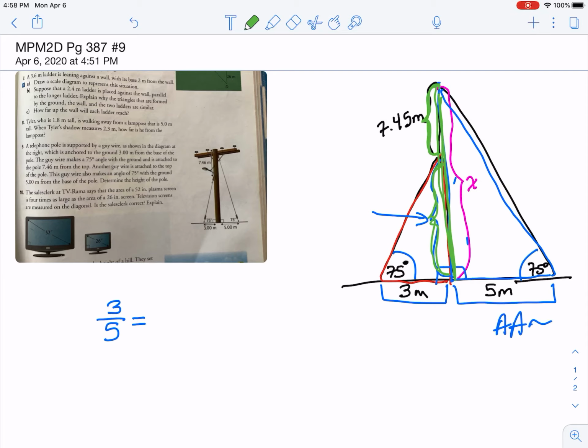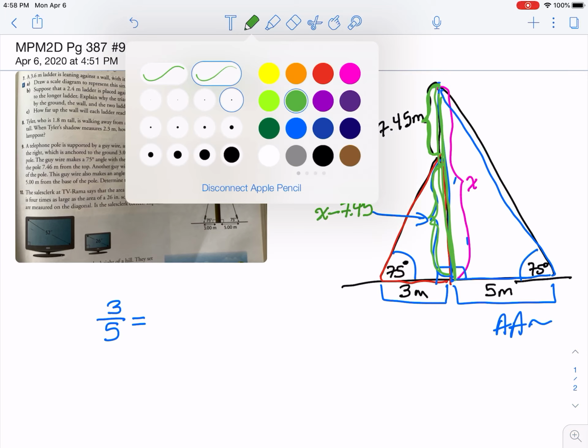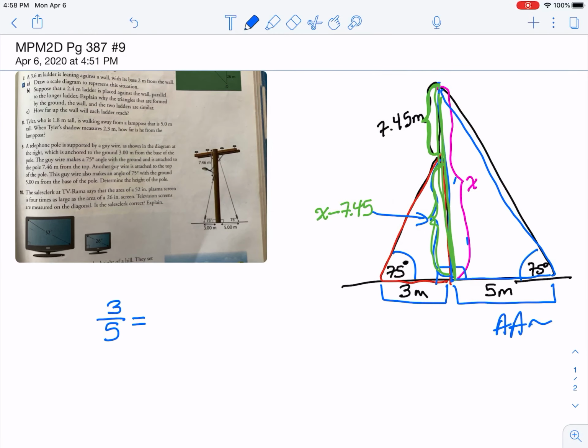Well, that's going to have to be x minus 7.45. So then we go back to our ratio, and the length of the side in the small triangle, which is x minus 7.45, to the length of the big triangle, which we have called x.